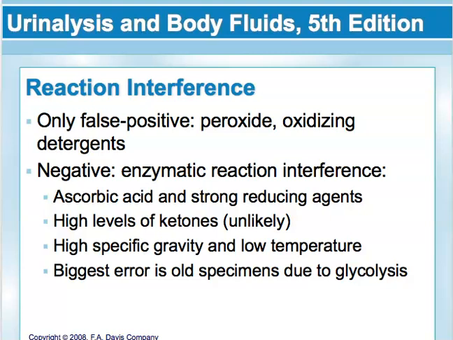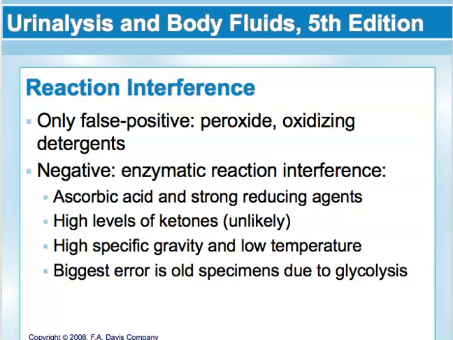Okay, and some reaction interferences. False positives can occur in the presence of peroxide or other strong oxidizing detergents. False negative results can occur when there are interferences with the enzymatic reactions or something that prevents oxidation of the chromogen, such as with ascorbic acid, which is a strong reducing agent.